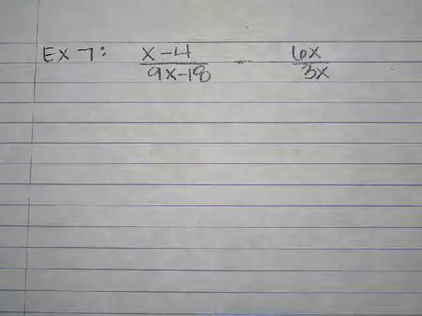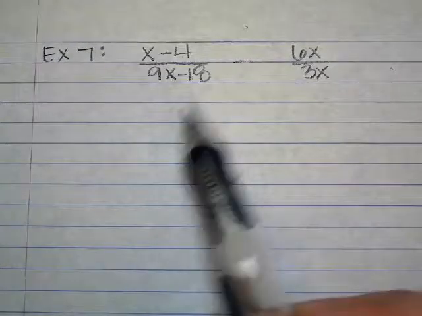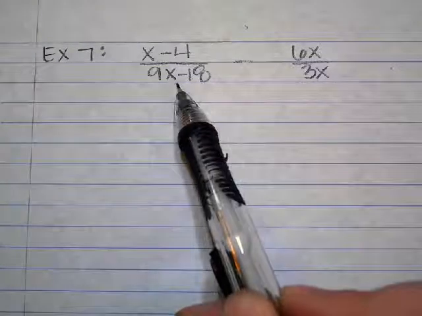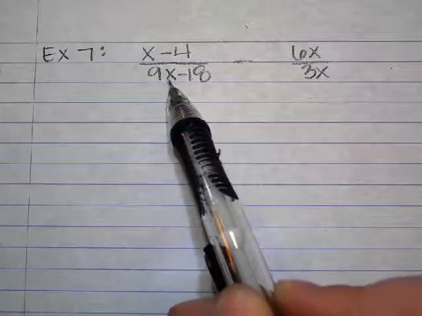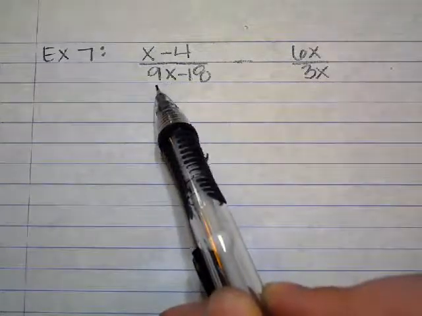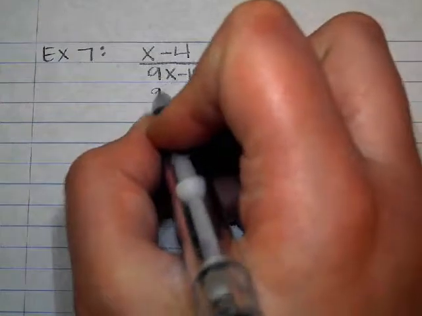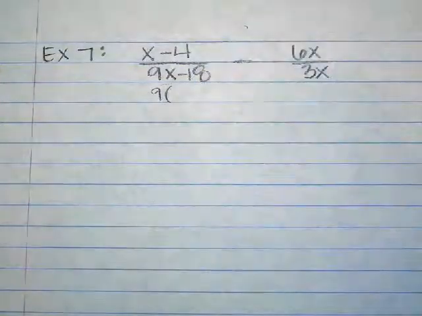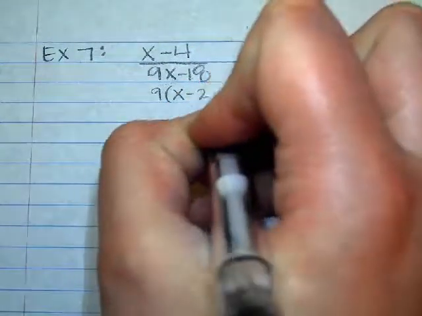So when we look at the denominator for the first rational expression, what do we see? Both of those terms are divisible by 9, so that means we have a GCF. So we take out the 9, and what do we get? x minus 2.